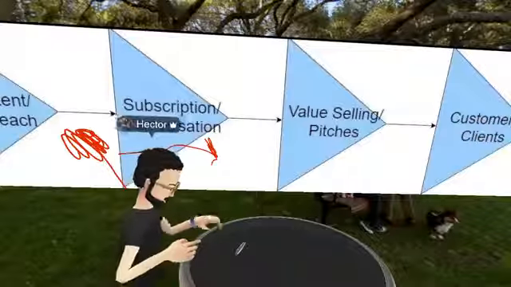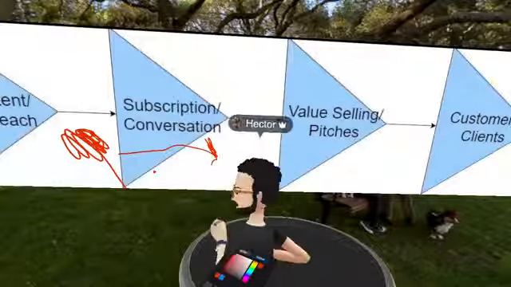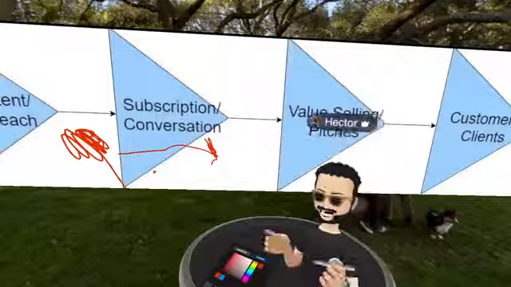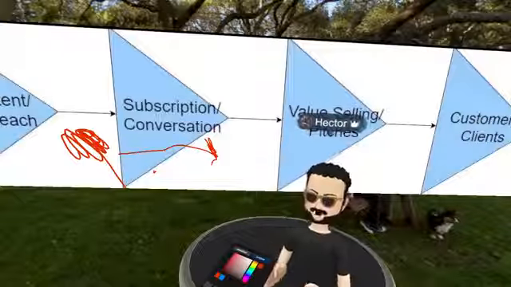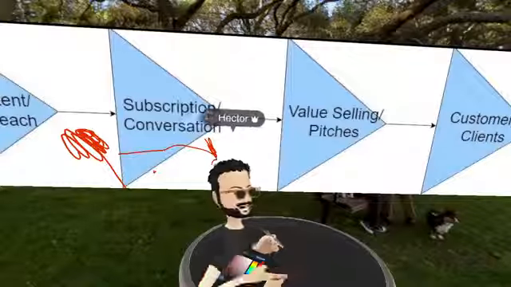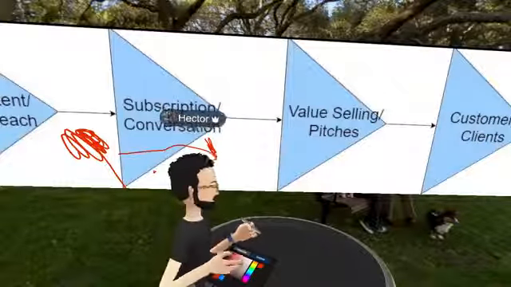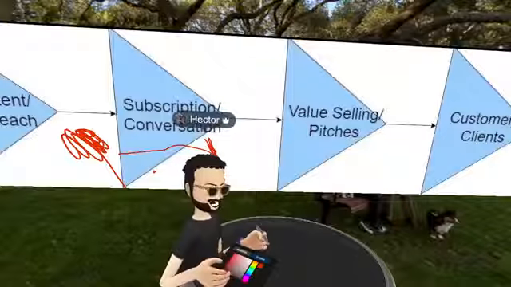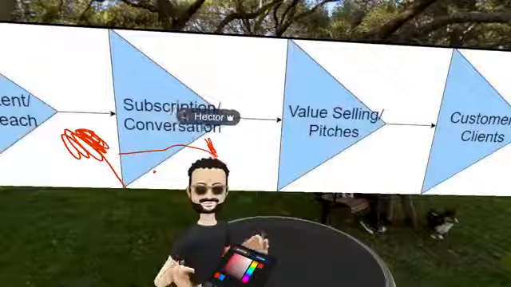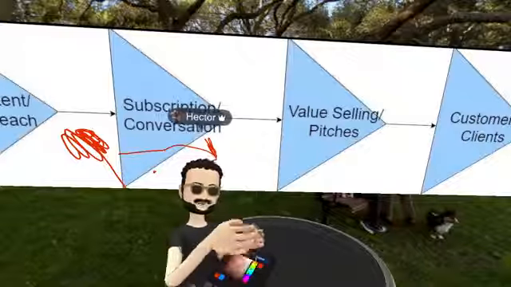So now what we're actually talking about here is value selling, right? And what I mean by that is think about a webinar, okay? Some of you guys who have been on my webinars know that I give a ton of value, right? I give a ton of value on my webinars because I know that by giving value and by helping people, that's actually going to make people want to buy more, right?